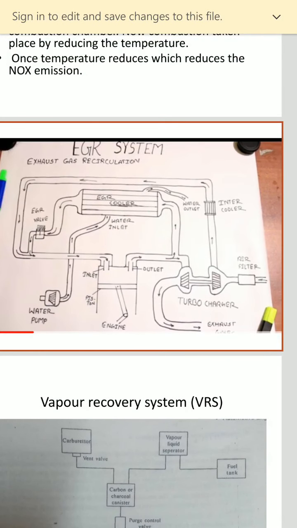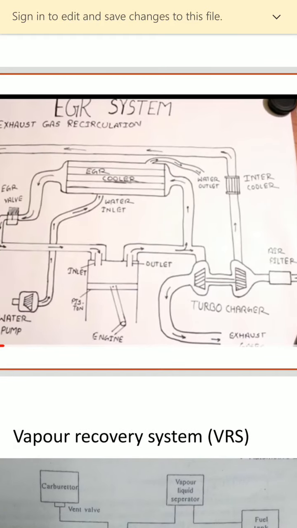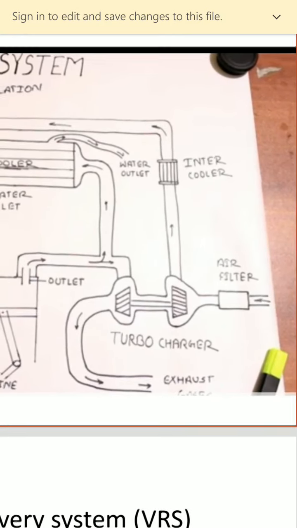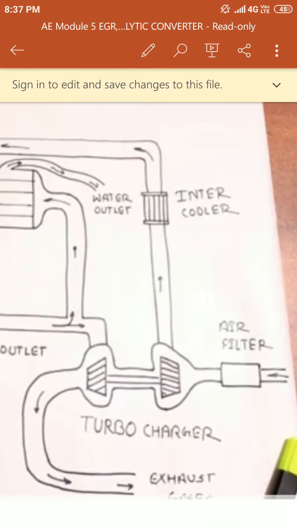One thing you have to remember: the function of the turbocharger is forced induction. The turbocharger sucks the air from the air filter. All of you know the air filter removes the dust particles from the air.